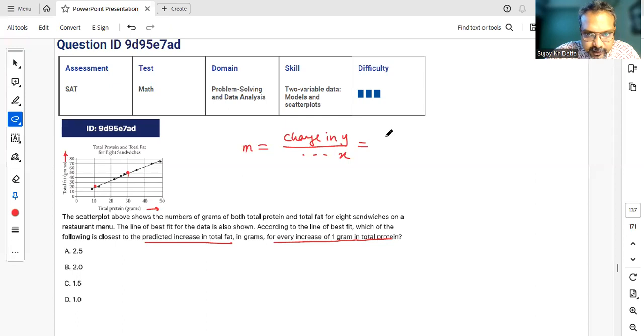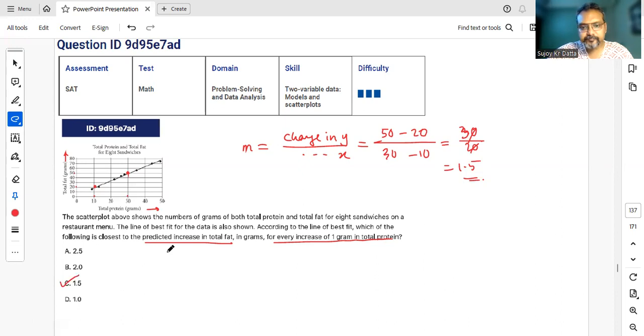So the Y value is changing from 50 to 20, so 50 minus 20 upon X value changing from 30 to 10, 30 minus 10. So 50 minus 20 is 30 by 20, so that's 1.5. So that is option C.